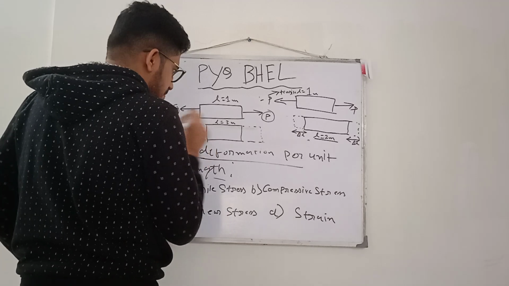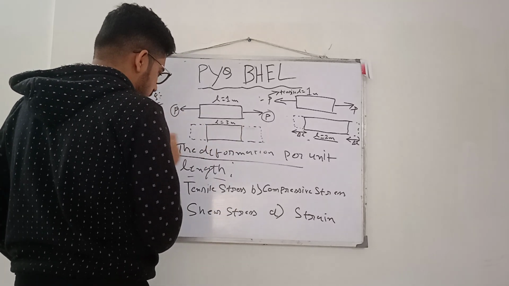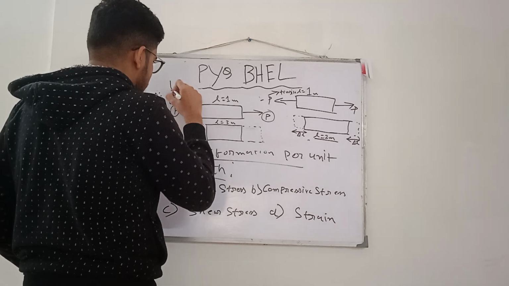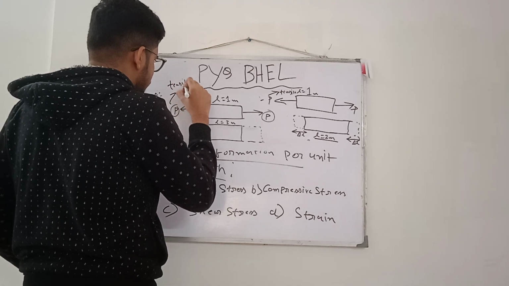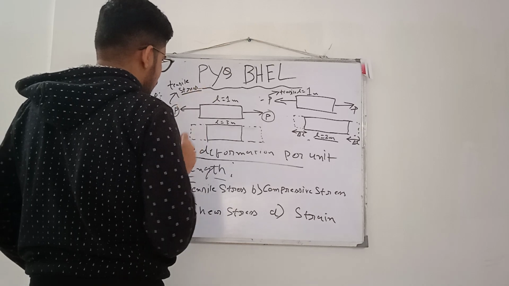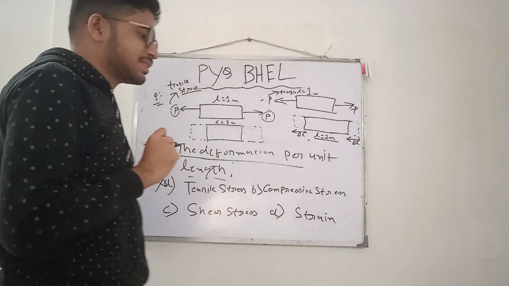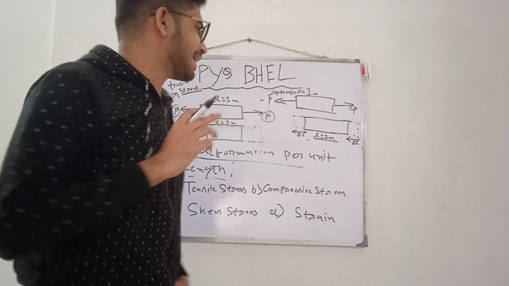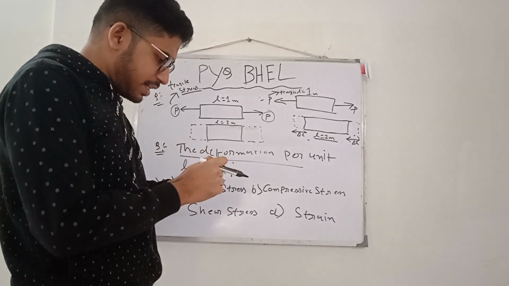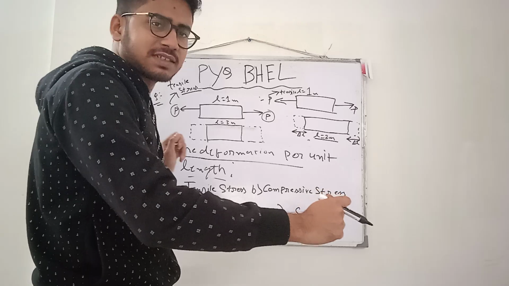This is P and this is P, and the deformation is occurring. So this is a tensile stress. Tensile stress means the stress or force which increases the material's length.